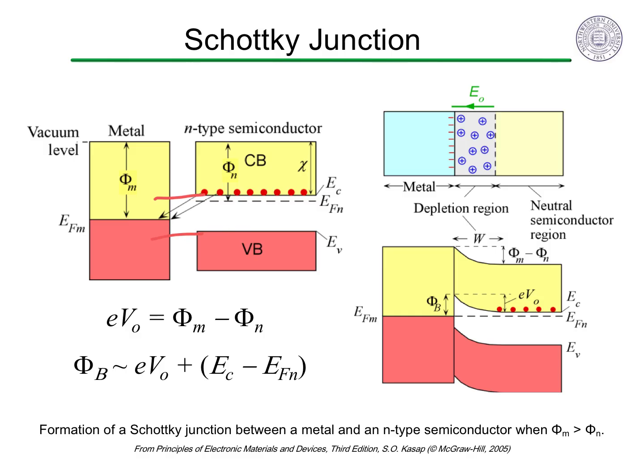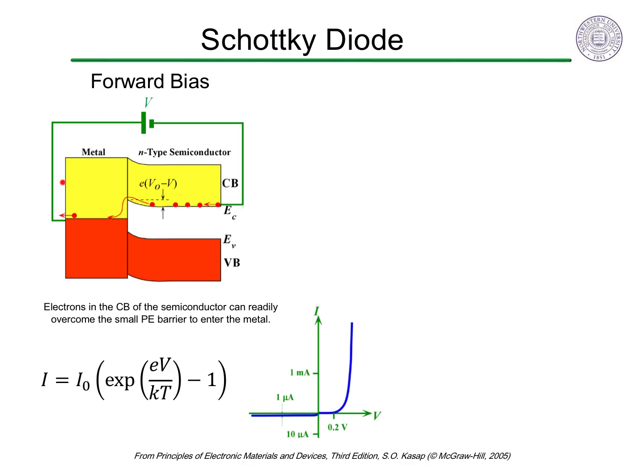Experimentally, the Schottky barrier is often very different than that expected from this equation based on the work functions, and depends on the materials processing. This is because of charge defect states at the interface and is called Fermi level pinning. This metal semiconductor junction has an IV characteristic of a diode and is called a Schottky diode.